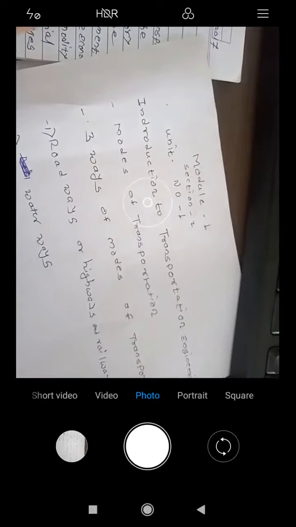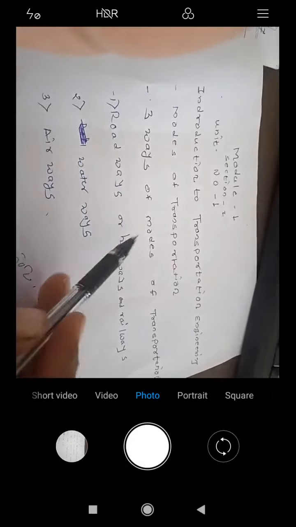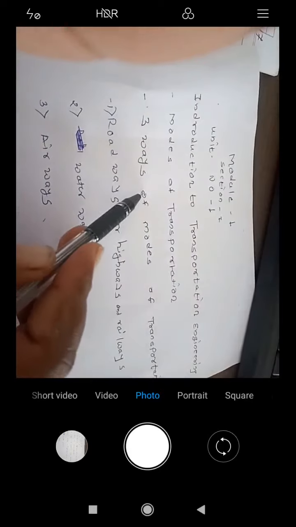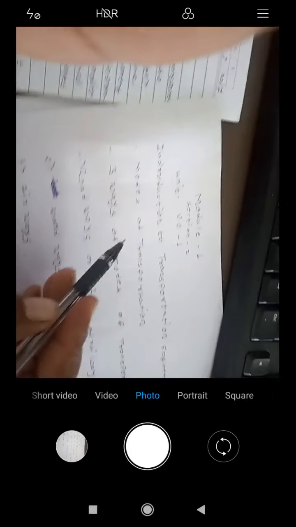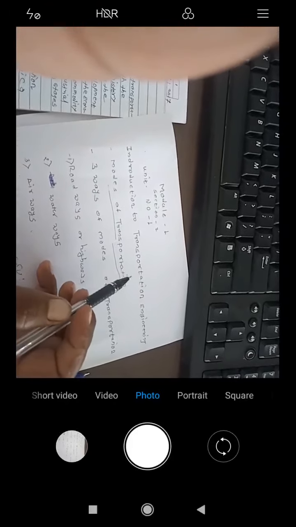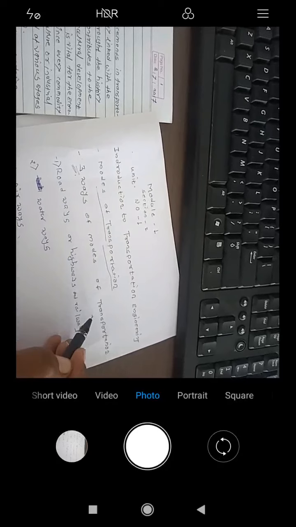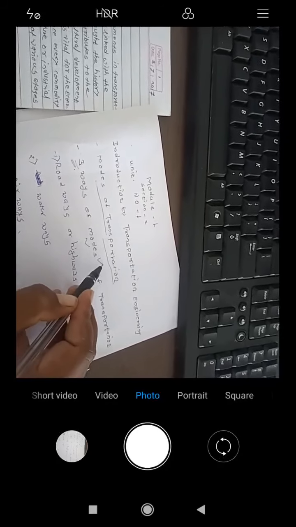As we know, there are different ways of transportation, the modes of transportation. Basically I have told you there are three modes of transportation.